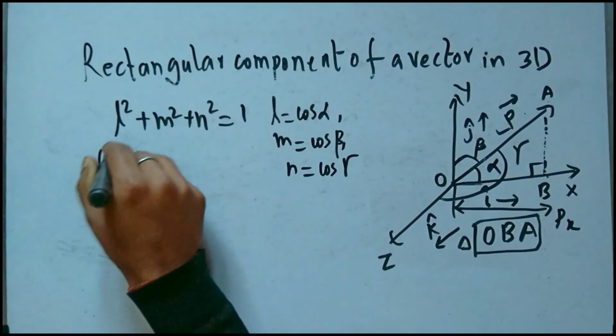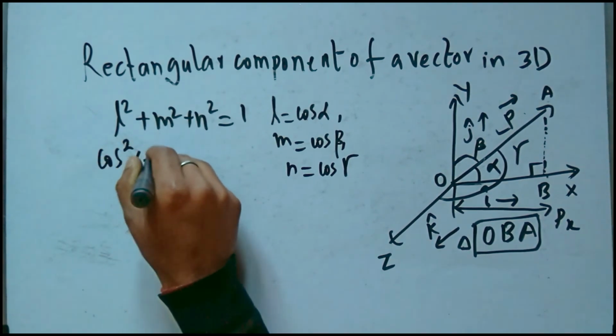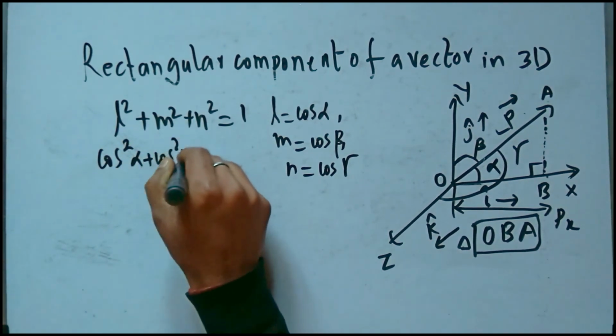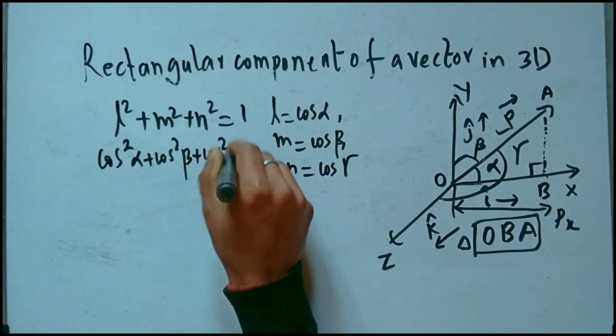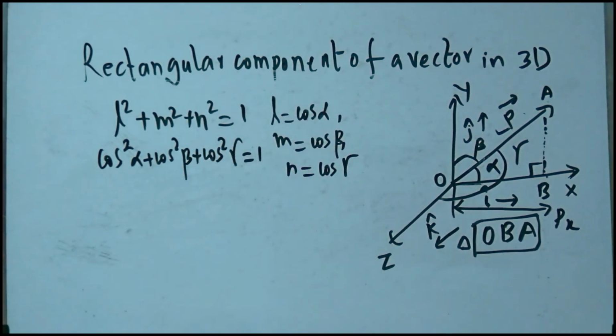So cos square alpha plus cos square beta plus cos square gamma will be equal to 1.